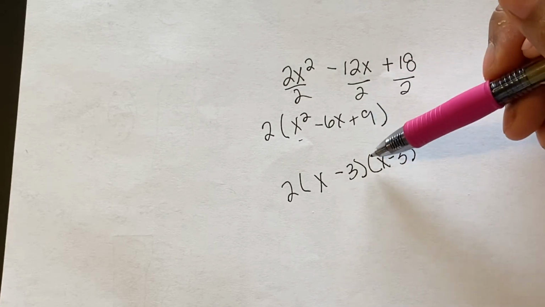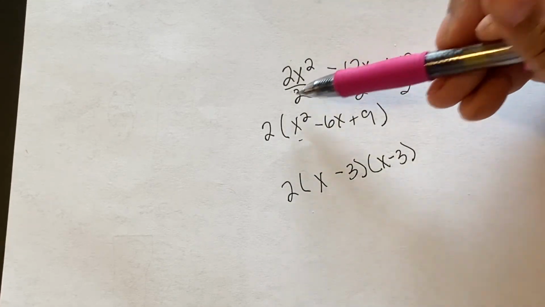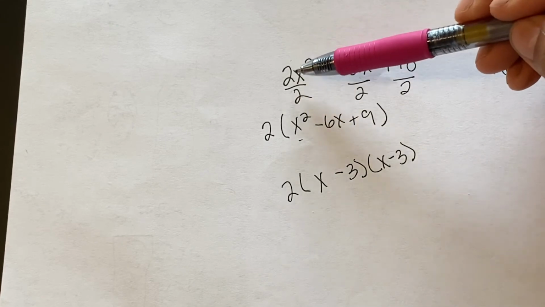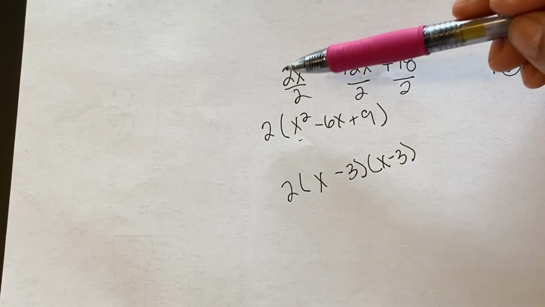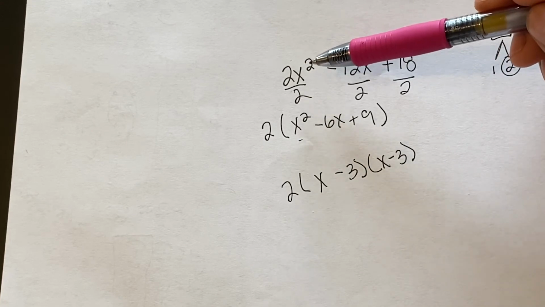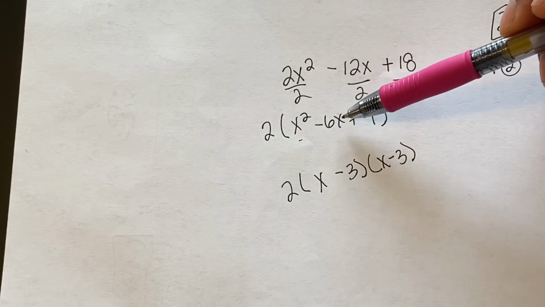And if I do my FOILs, I would get the same answer that I started with in the beginning. So if you can take out a GCF, and that's all the time actually, you need to take out the GCF first. And then look to see what the next steps are to factor out the problem.